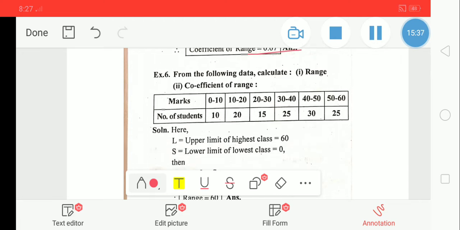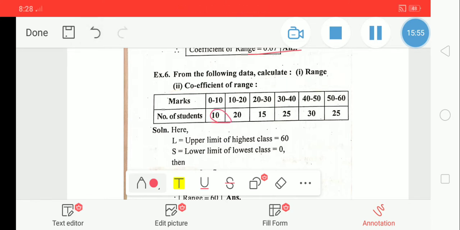Now, from the following data, calculate range and coefficient of range. Here they give marks and number of students.